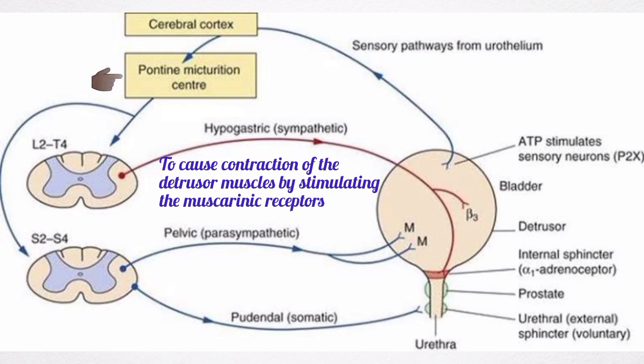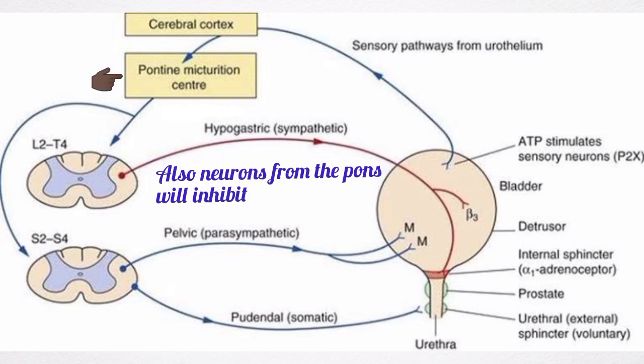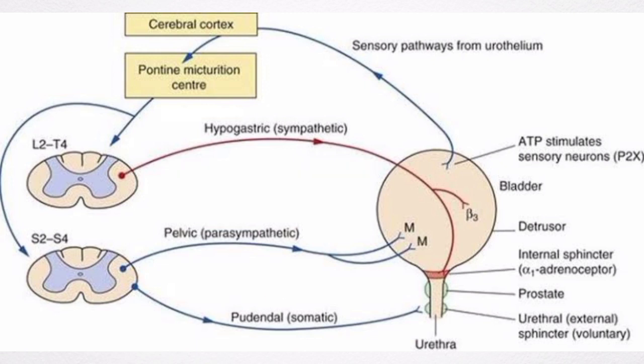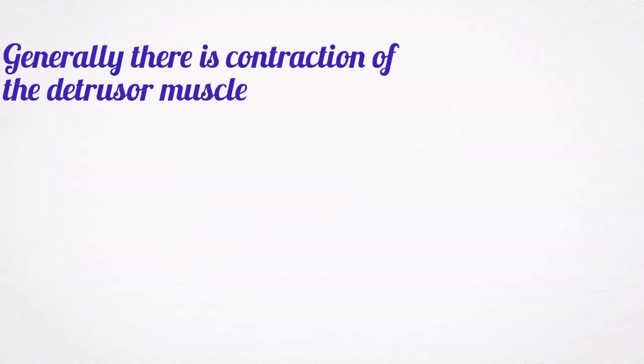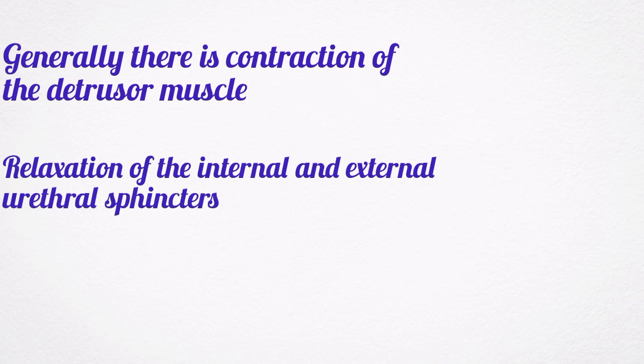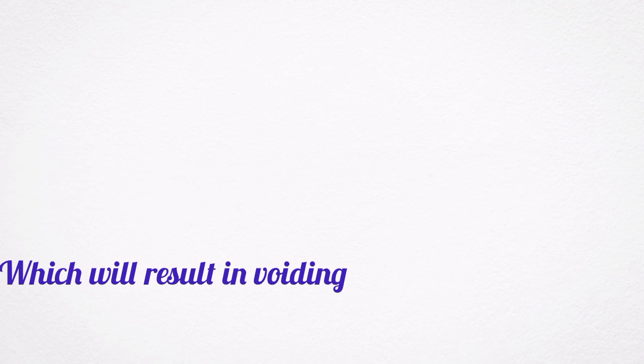Also, neurons coming from the pons micturition center will inhibit the pudendal nerve, causing the relaxation of the external urethral sphincter. So generally, there is contraction of the detrusor muscles and relaxation of the internal and external urethral sphincter, which results in voiding.